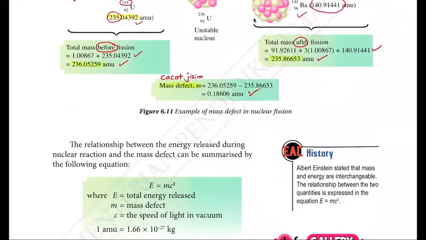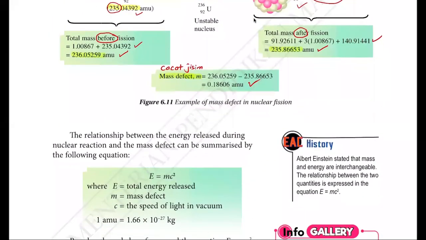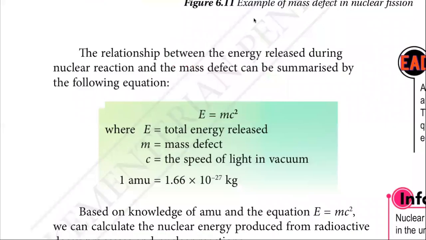Next step is to convert the mass defect in AMU into kilogram, because we should use SI unit in the calculation. E is the total energy release, M is the mass defect, and C is the speed of light in vacuum.